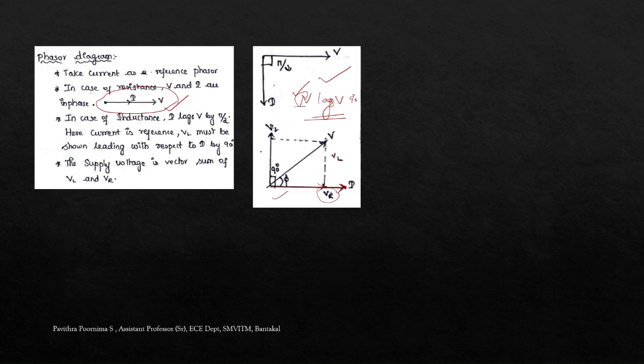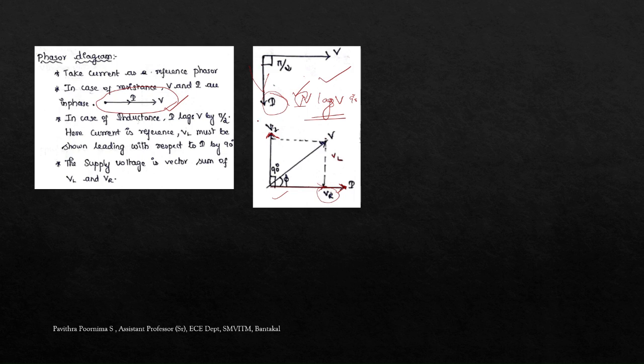Next VL. Since we are taking I as the reference, we can rotate the phasor diagram of the inductance, so VL comes in this direction.